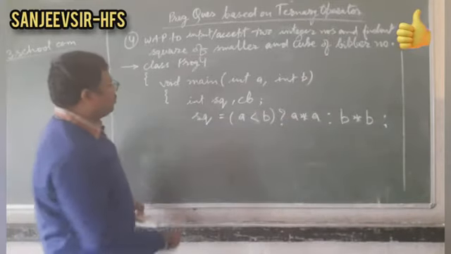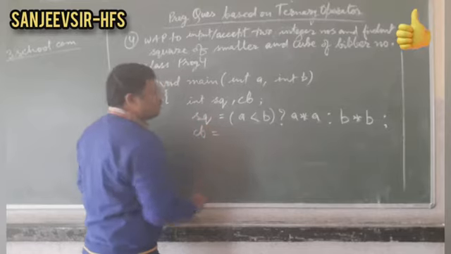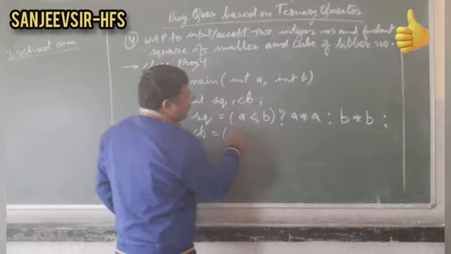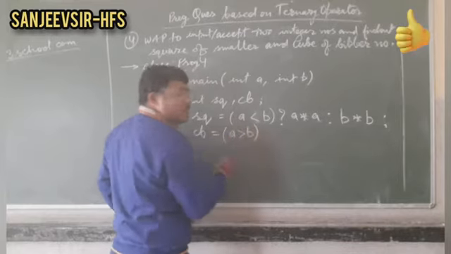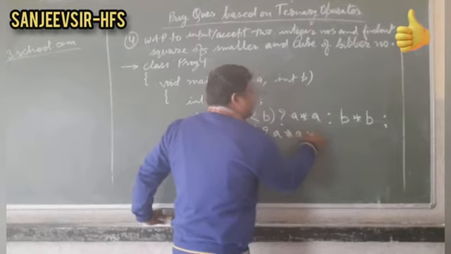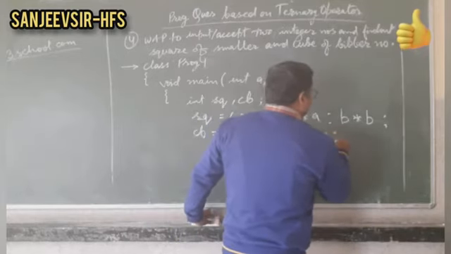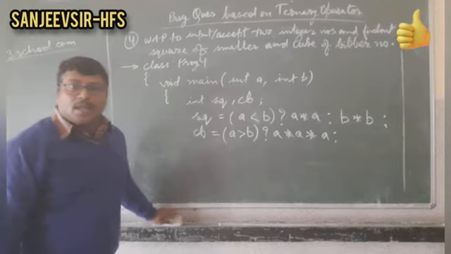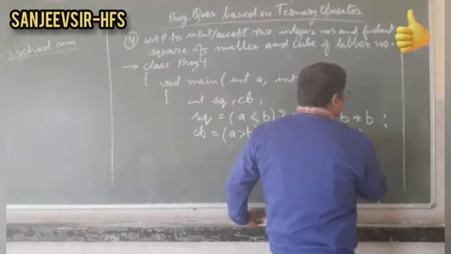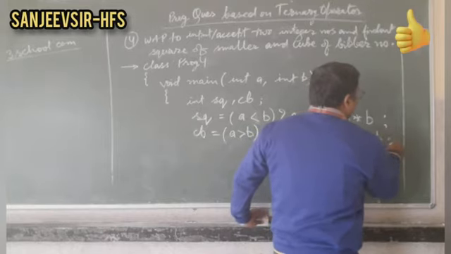For finding the cube, we write CB is equal to, and we have to find out the bigger one. The bigger one we can find with a greater than b, that means a is bigger. Now a into a, and then we have to find the cube of the bigger, b into b.